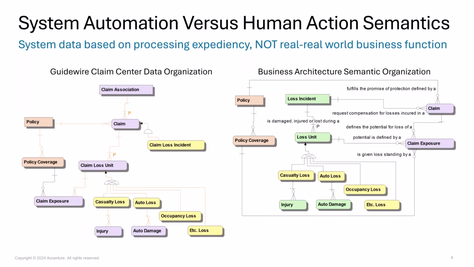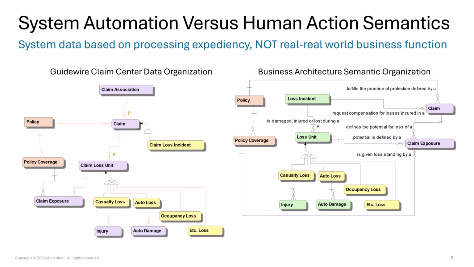Business is strategically interested in the loss incident as the cause for the claim, and also in the recovery actions that mitigate some of those claim losses. And they're also very interested in the litigations and the risk of litigation used to settle some of those claims. On the right is a partial real-world narrative of the claim function.